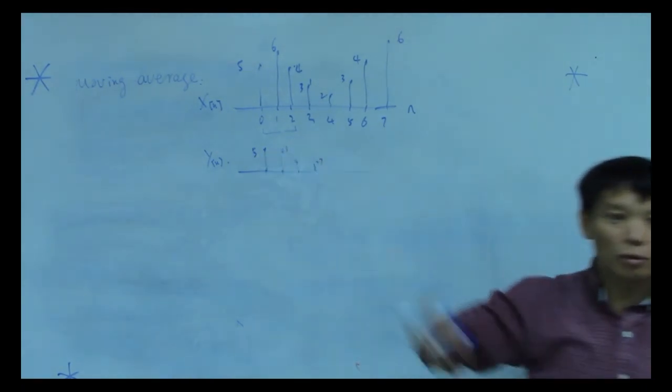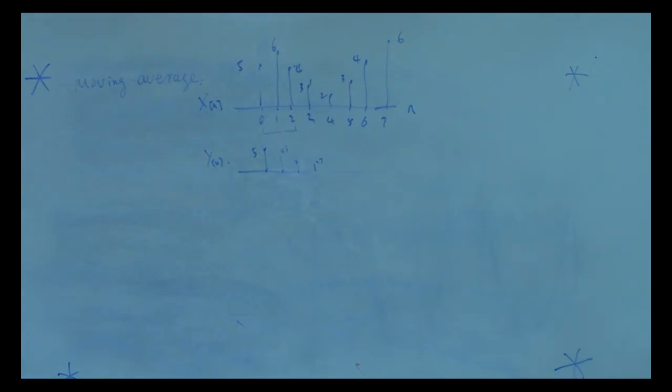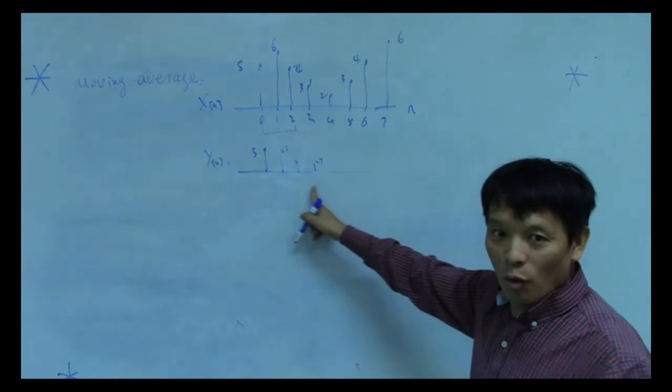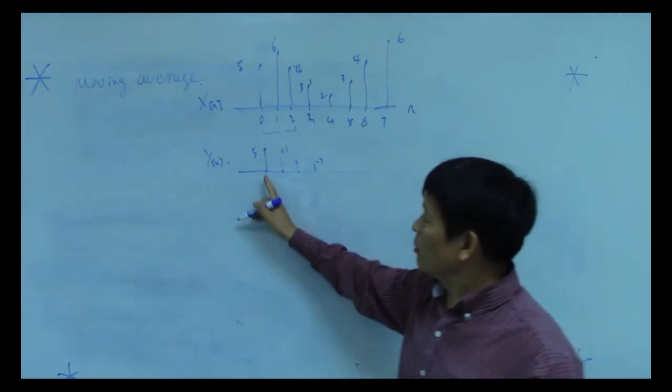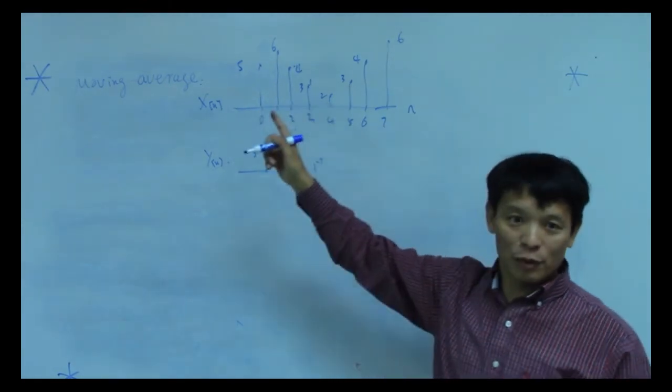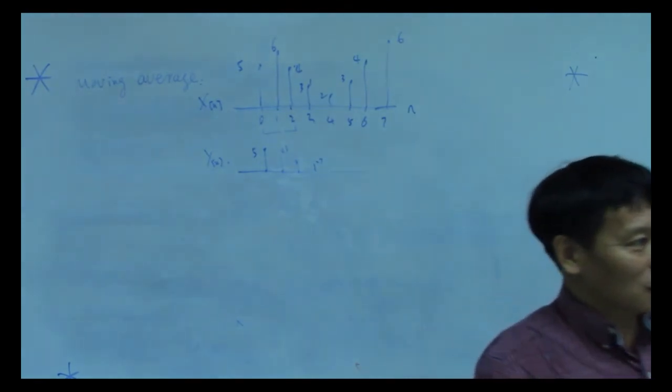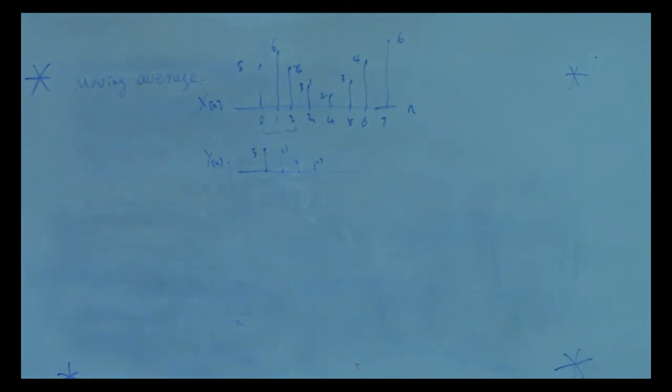So this is called moving average. This is called forward moving average because for the average here we use the future values. Right? Now ask the question: is this system causal? Causal, what does that mean?